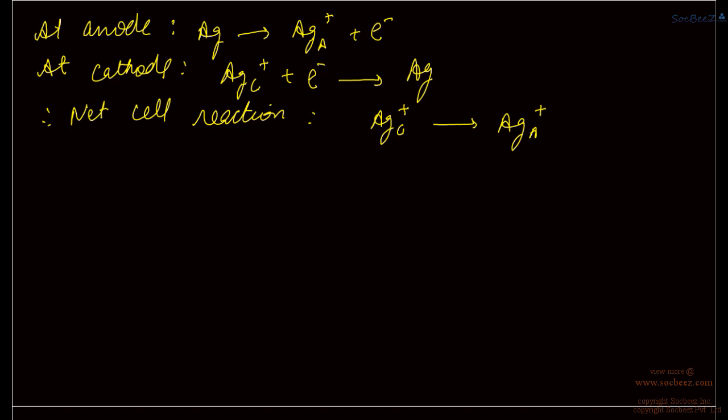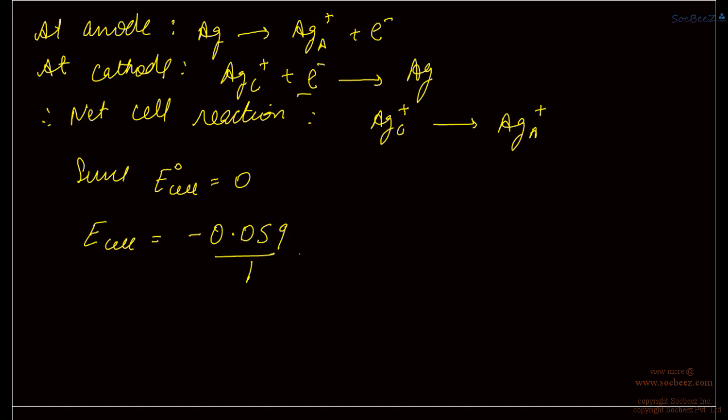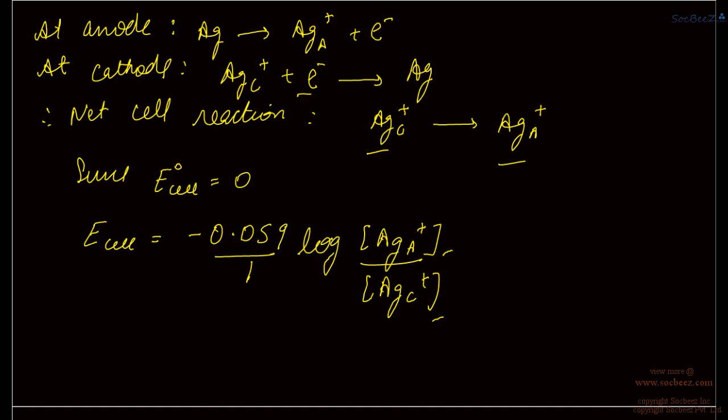Okay, now since this is the case, we can say that it is an electrolyte concentration cell with E naught equals 0. Since E naught cell equals 0, because this is a concentration cell, E cell equals minus 0.059 upon 1, because only one electron transfer is taking place, log of Ag+ at anode upon Ag+ at cathode, concentration of products upon concentration of reactant.